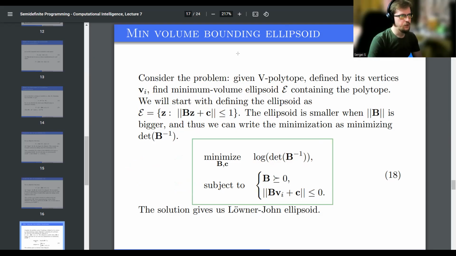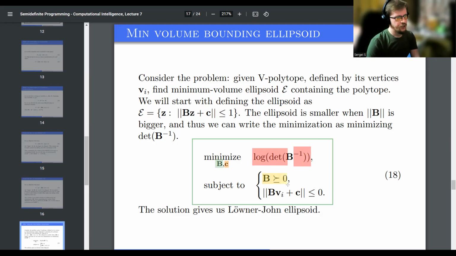We have two decision variables: B and C. Notice V are constants, the vertices of the polytope are constants, but B and C are decision variables. The cost function is a combination of all of this. The log det of the inverse is one cost function, and that happens to be convex.